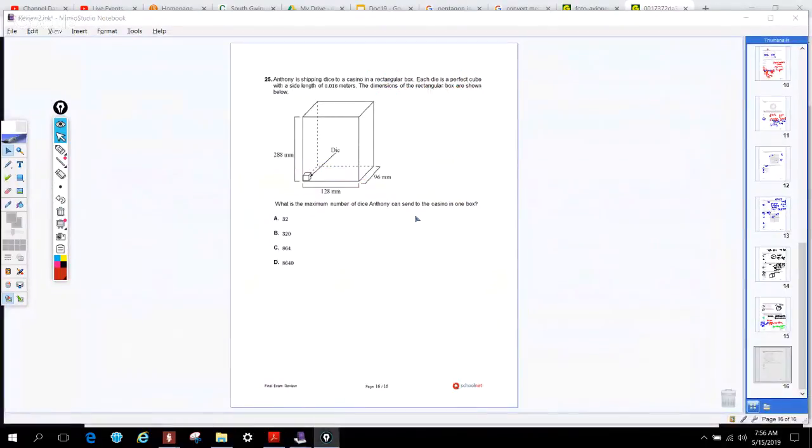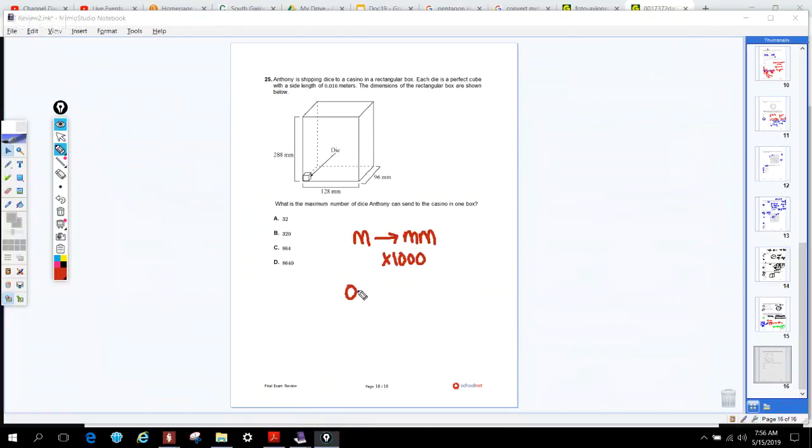So here we've got, what is the maximum number of dice? Well, this is in meters. So we have to convert how many meters there are in millimeters. We know to go from meters to millimeters, we multiply by 1,000.